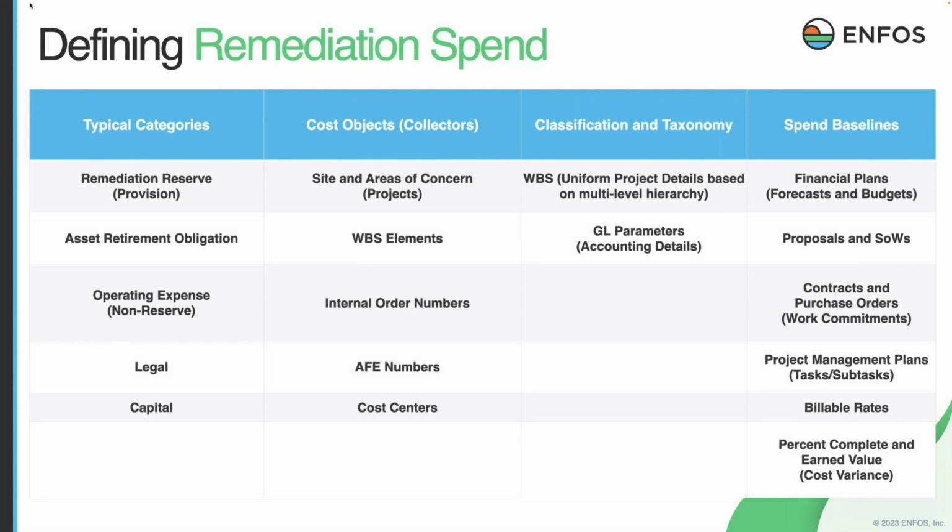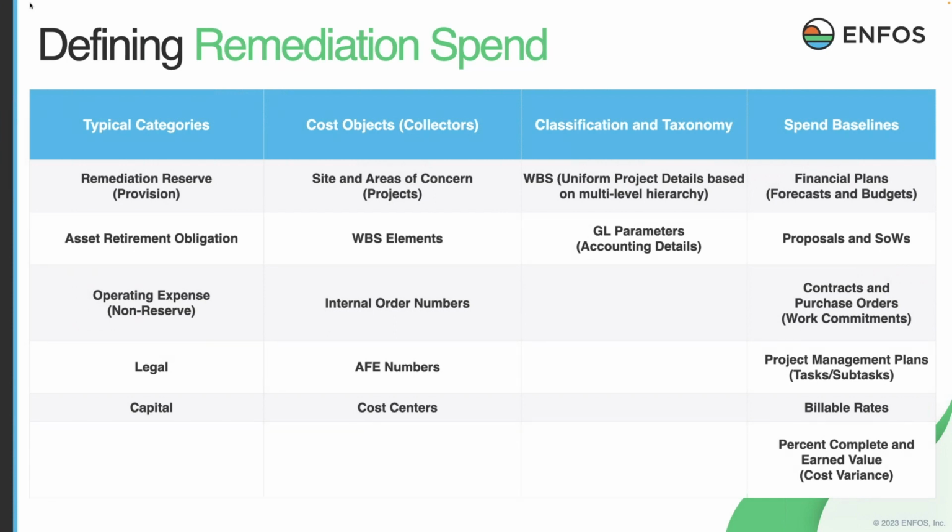And if I'm collecting remediation spend on these objects, I also then generally have some kind of a financial plan on the front end. That's a life cycle forecast, generally associated with multiple years of activity that we're going to be performing to investigate, design, remediate, and close the site.